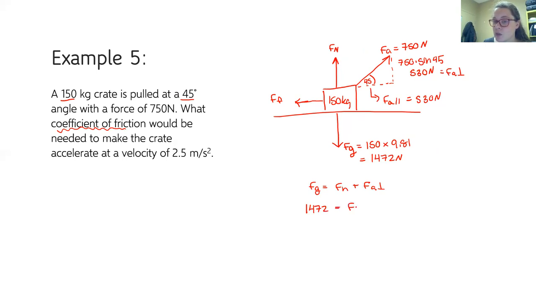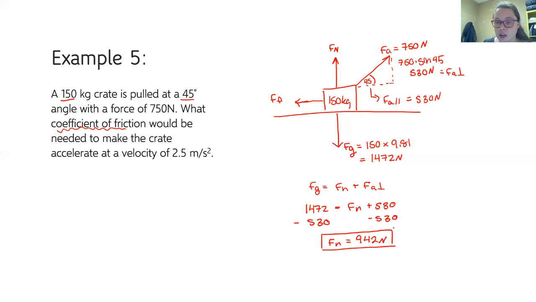It's equal to my normal force plus force applied perpendicular, which is 530. Subtract 530 from both sides, and we find the force normal is equal to 942 newtons.